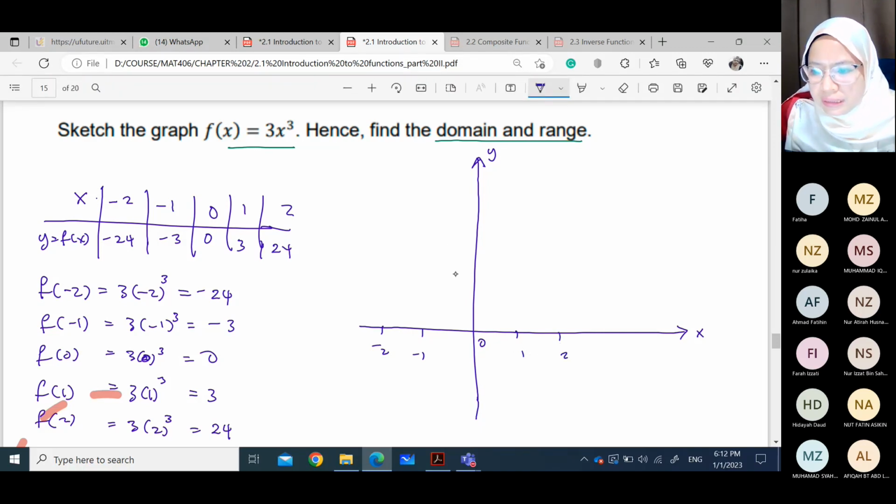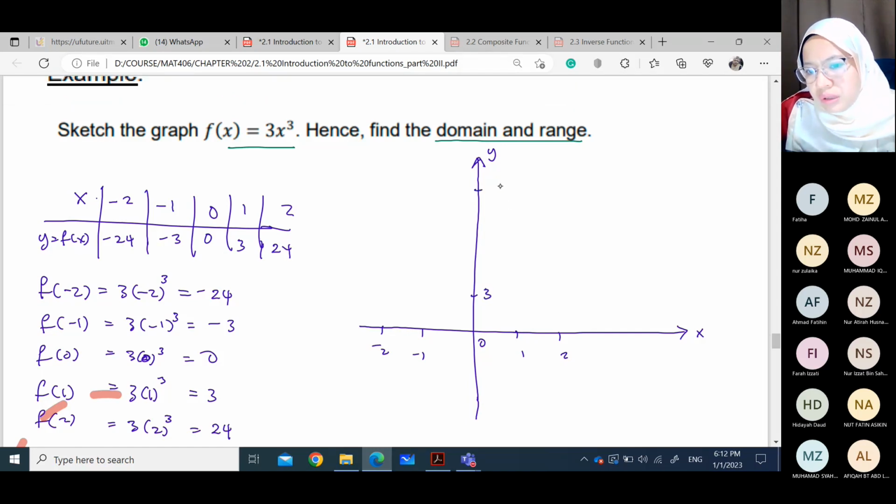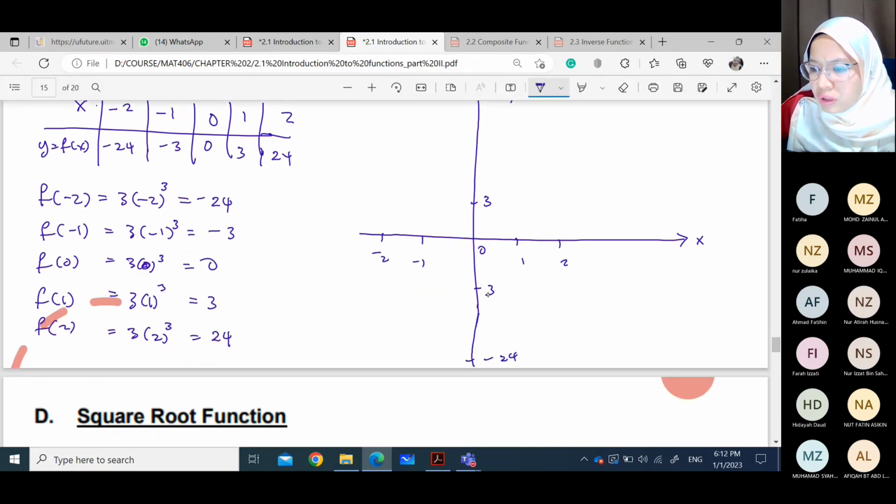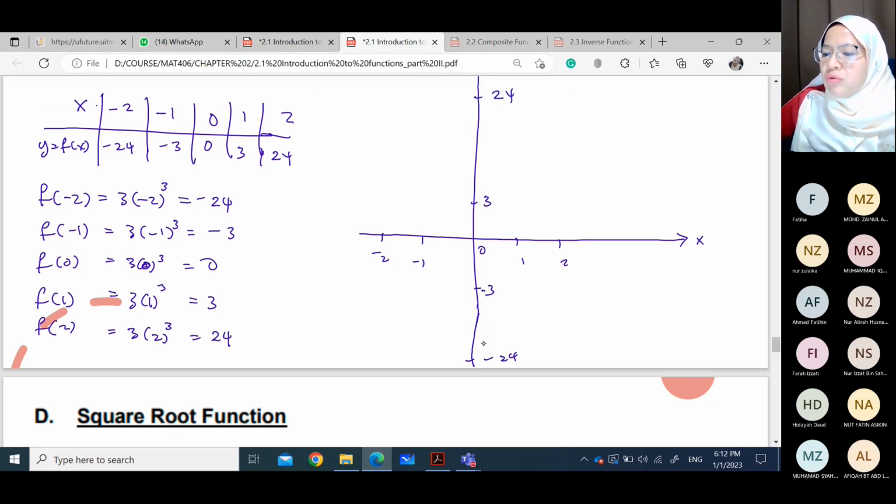Okay, so katakan yang ini adalah 3 and this one is 24. This one is 3. Bawah lagi negative 24.